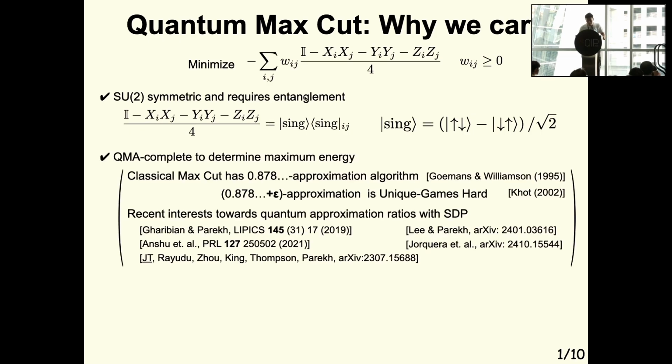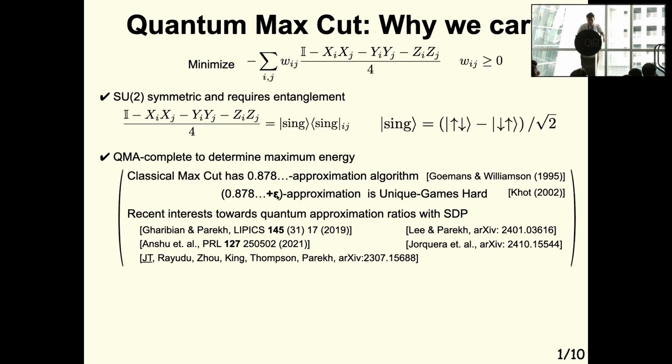In the quantum information community, under the name of quantum max-cut, it's been very actively researched because it's known to be QMA-complete if you want to get the ground state. But the nicer thing is that if you look at the classical counterpart, it has a very nice threshold phenomenon, where a semidefinite programming algorithm achieves an 87% approximation ratio.